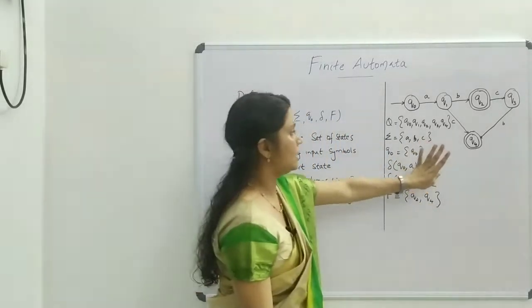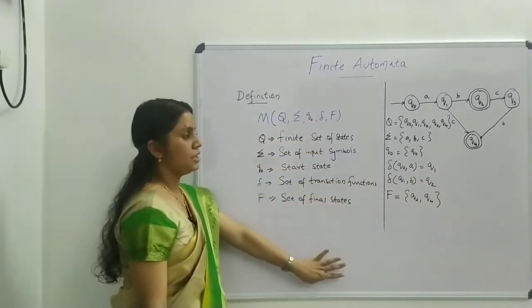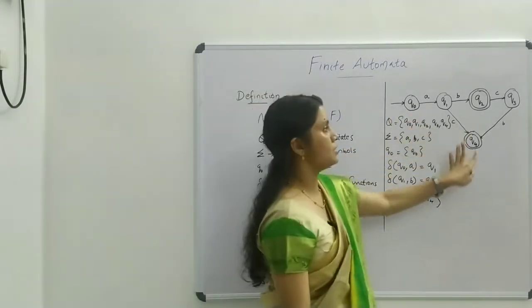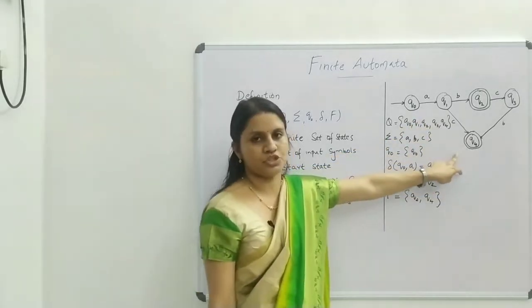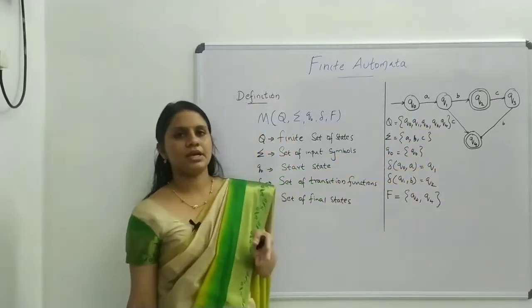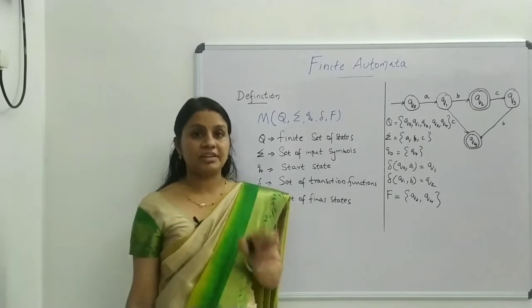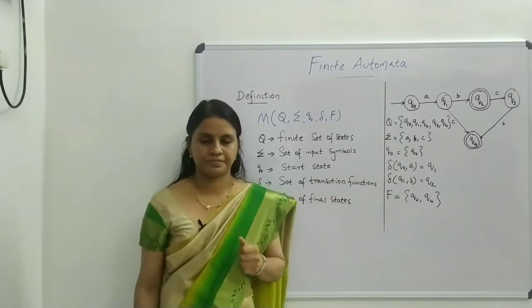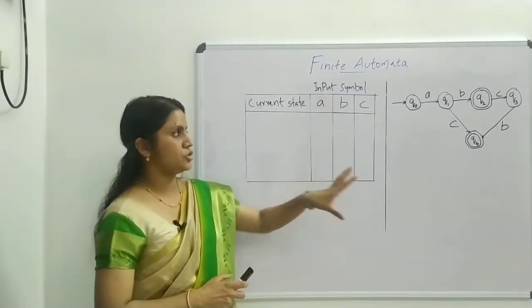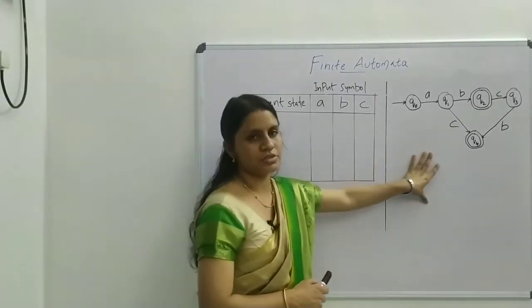This is about the finite automaton, and this diagram is called the transition diagram. Next we will see how we write the transition table if the transition diagram is given. Let's see the transition table for this transition diagram.